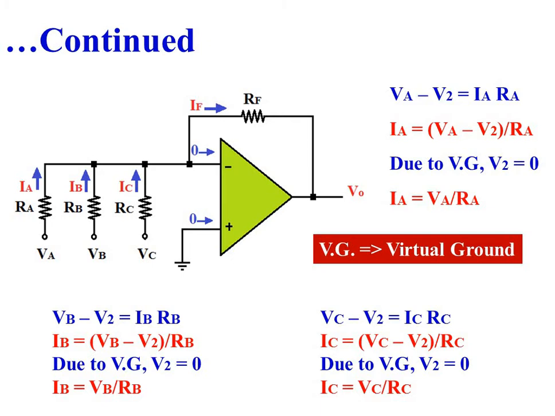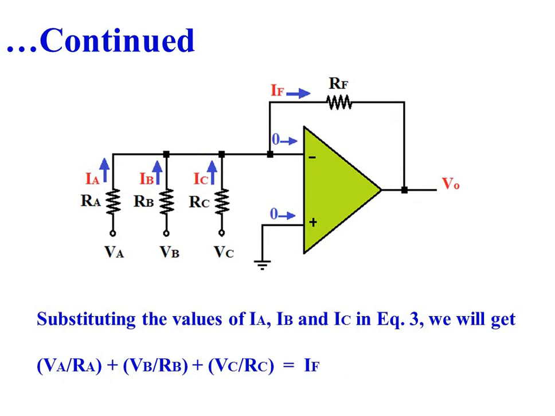Similarly, we can write IB is equal to VB divided by RB and IC is equal to VC divided by RC. Now substituting the values of IA, IB and IC in equation number 3, we get VA divided by RA plus VB divided by RB plus VC divided by RC is equal to IF.